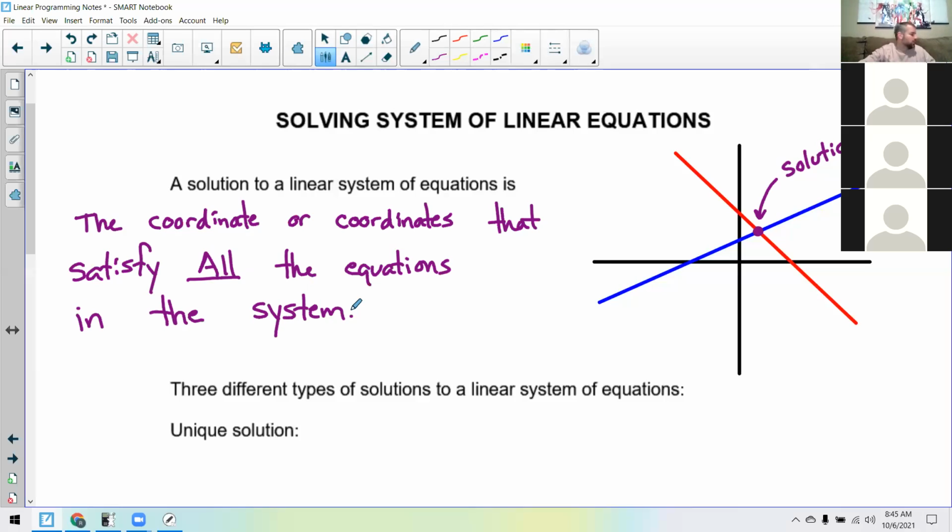The coordinate or coordinates that satisfy all the equations in the system. So for the purposes of this course, you really can replace all with both equations in the system, because we're only talking about two. Okay.